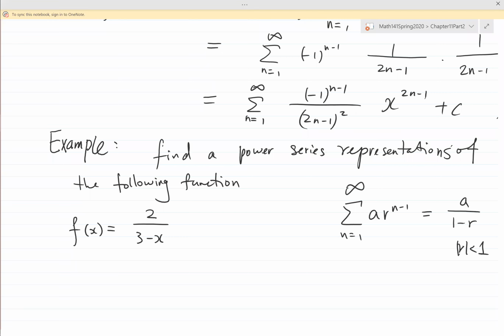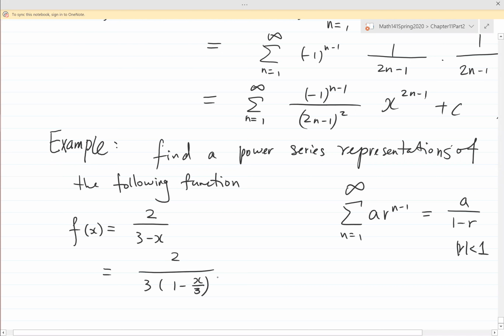Now compare this: the denominator is 1 minus r, and here it is 3 minus x. So we don't have 1. What we do is we try to create a 1. So we write it as 2 over 3 times (1 minus x over 3), such that you see we have 1 minus r.